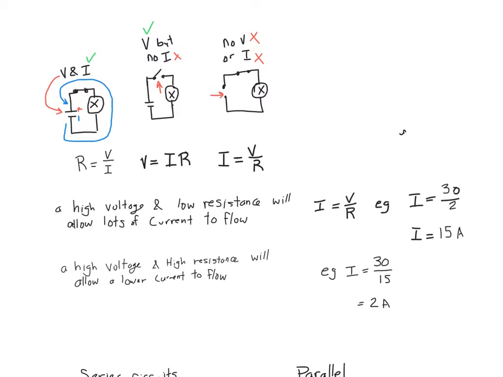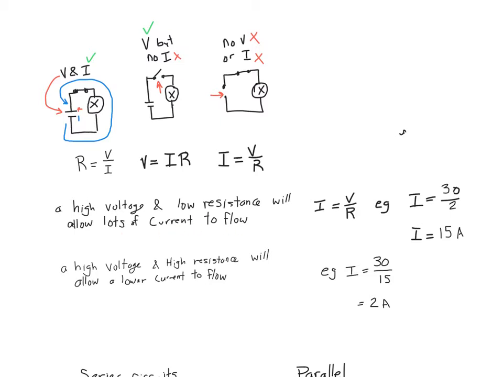Whenever we have a formula that looks like this, we know that these variables are related to each other. They're dependent on each other. If one variable changes, then it has the potential to change other variables. For instance, a high voltage and a low resistance will allow lots of current to flow.